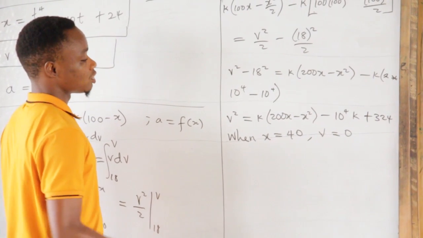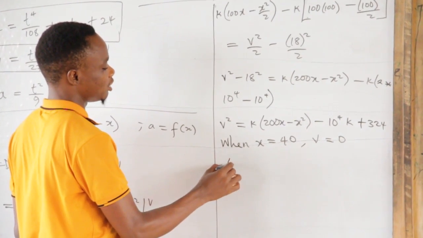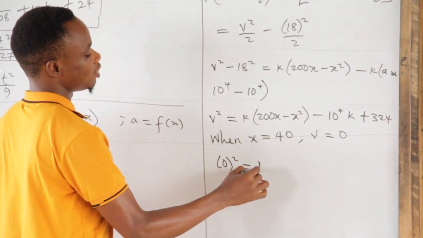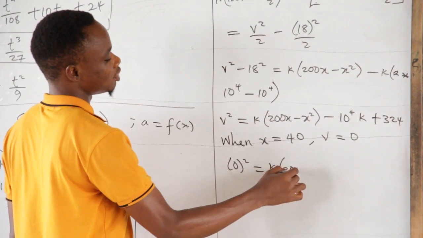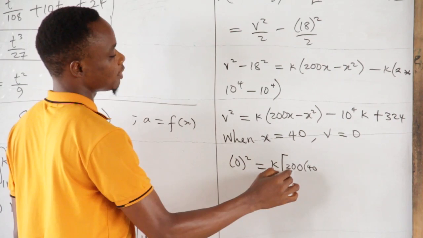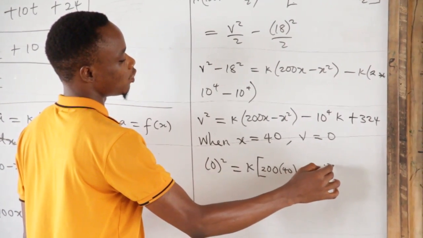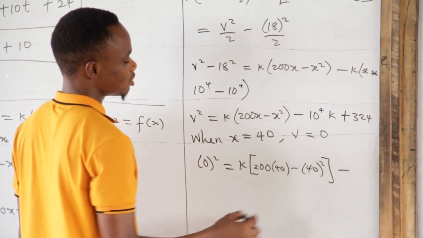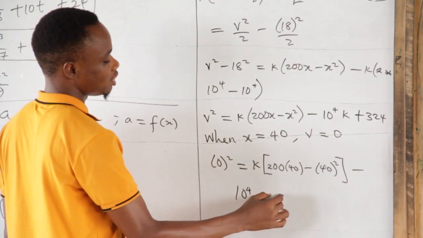Is that clear? So I can go ahead and simplify this with that. So this is going to give me v squared. That's going to be 0 squared equal to k into, this is going to be 200 multiplied by 40. Let me use a square bracket here. 200 multiplied by 40 minus 40 squared and minus 10 raised to the power 4 plus 324.